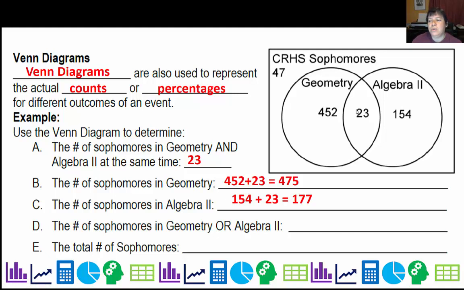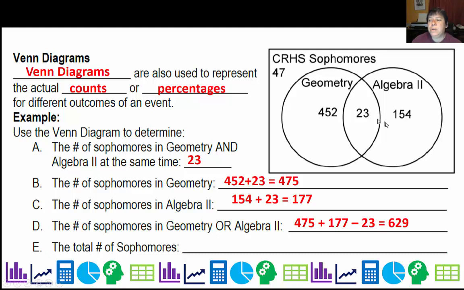Number of sophomores in geometry or algebra 2. It's really tempting to add these two together, but we have to make an adjustment. Why is that? Well, you see I'm subtracting 23. Those 23 students are in this 475, and they're also in the 177 algebra 2 students. So they're being double counted.